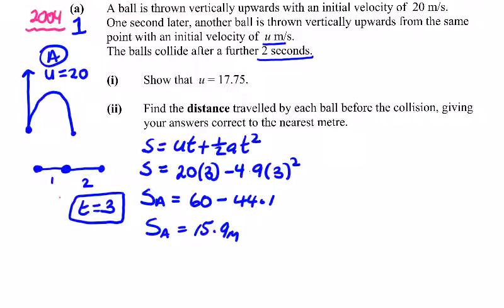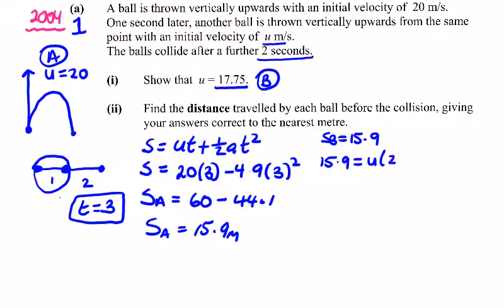So the other one we have to show has an initial velocity of 17.75. So let's call this one b. So the displacement of b is 15.9. That's when they collide. So 15.9 is equal to ut, u, and there was a 1 second gap here, so 2 seconds in the air for b, times 2, minus 4.9 by 2 squared.